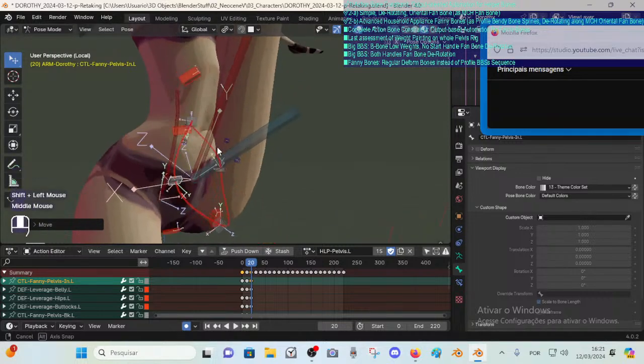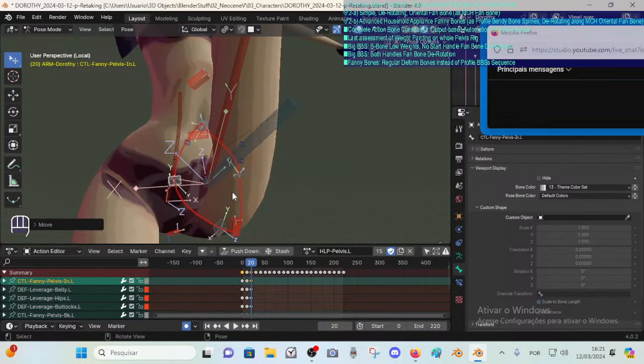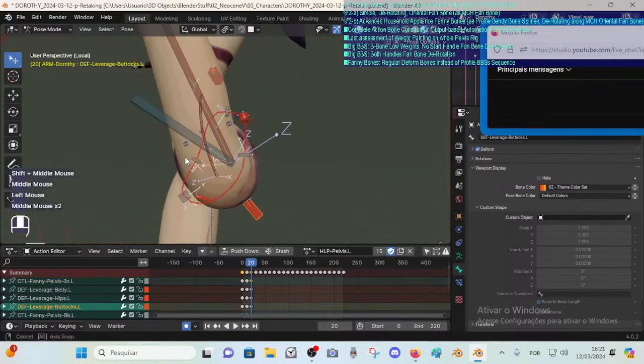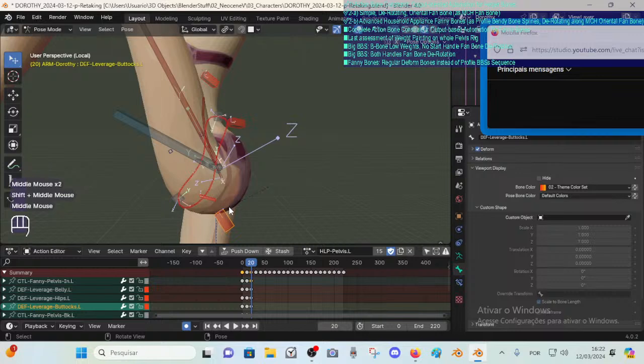Here is interpenetration with the belly, so this is something that I'm still examining.